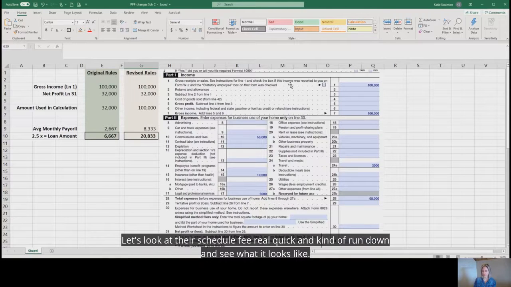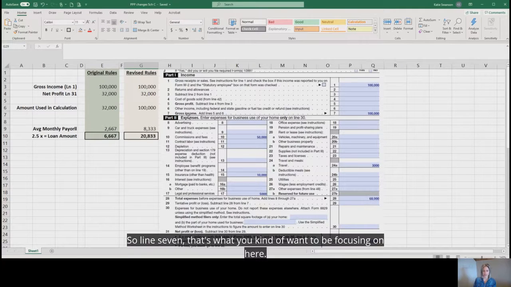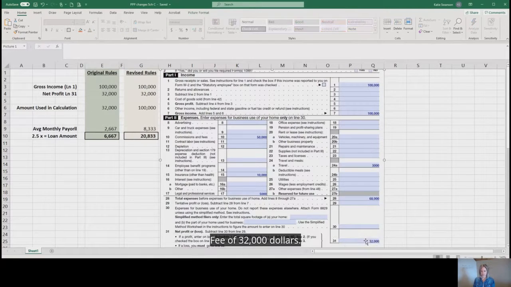Let's look at their Schedule C. They have gross income on line 7, which is what you want to focus on here: line 7, gross income of $100,000. Then they have some expenses to get down to their net profit on line 31 of their Schedule C of $32,000. So this is what we're working from.